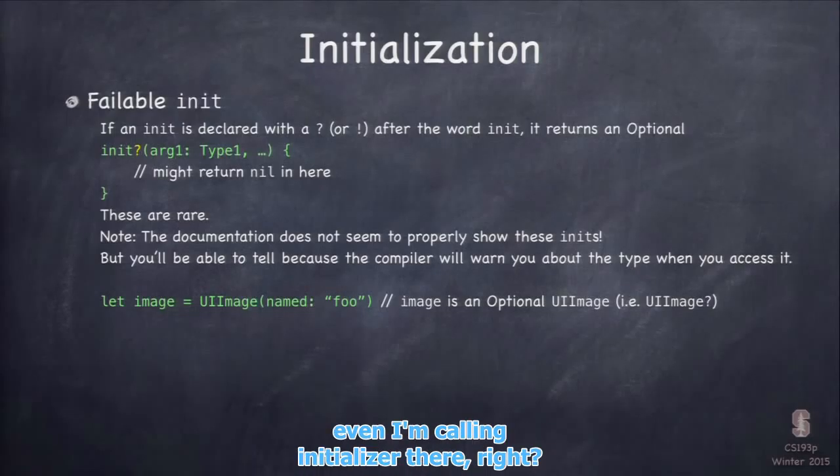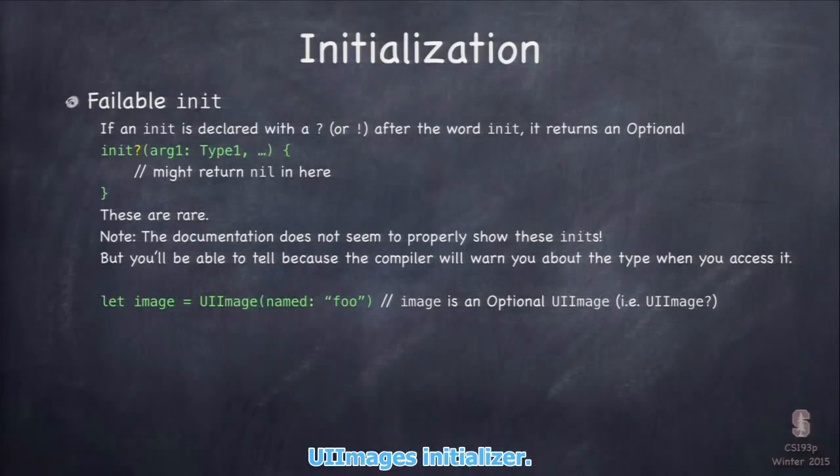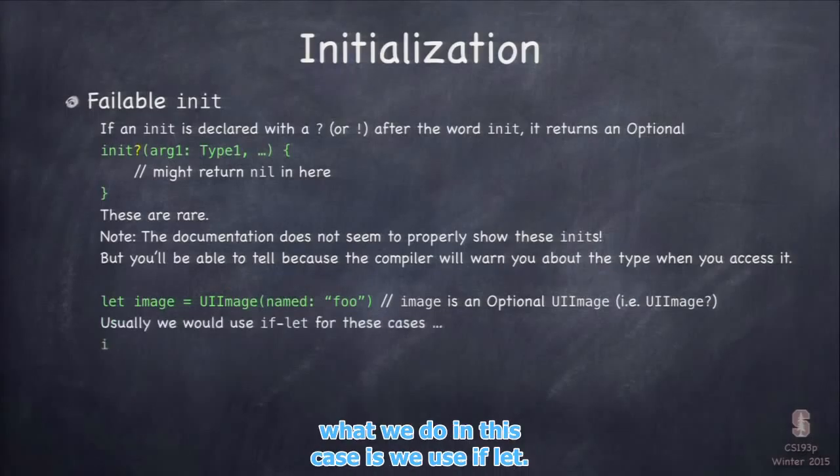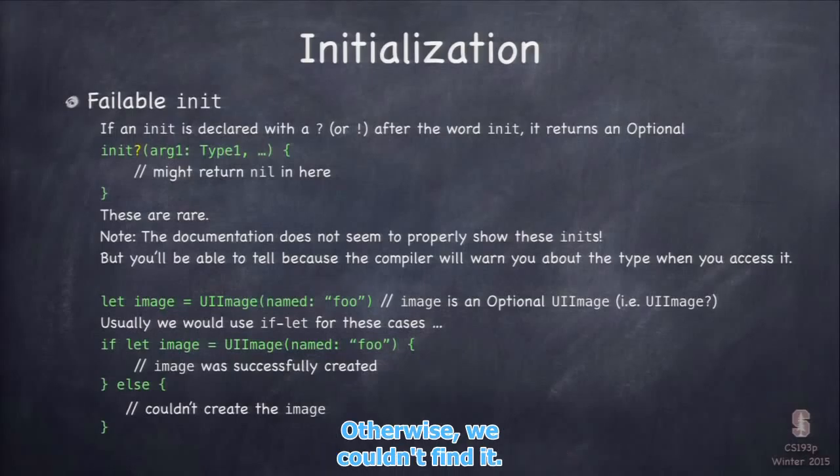Image is an optional UIImage, even though I'm calling an initializer there, right? UIImage's initializer could fail. So usually what we do in this case is we use if let. If we can let the image equal the image named foo, then we'll do what we want. Otherwise, we couldn't find it, so we'll do whatever we do in that case. So watch out for those. There's very few of them, a few dozen at the most.